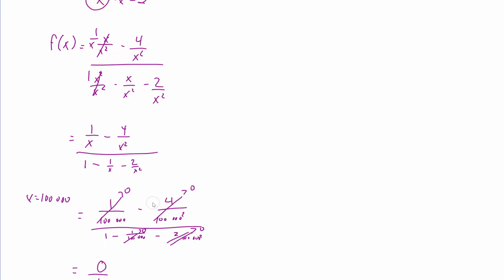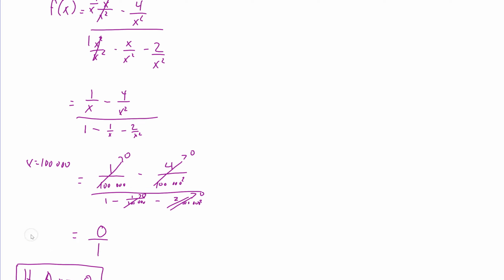So now that we found our horizontal asymptote and our vertical asymptotes, which we knew are equal to positive 2 and negative 1, we can go find our critical points.